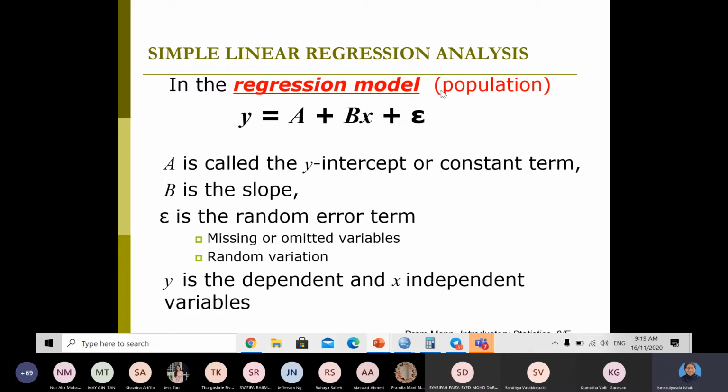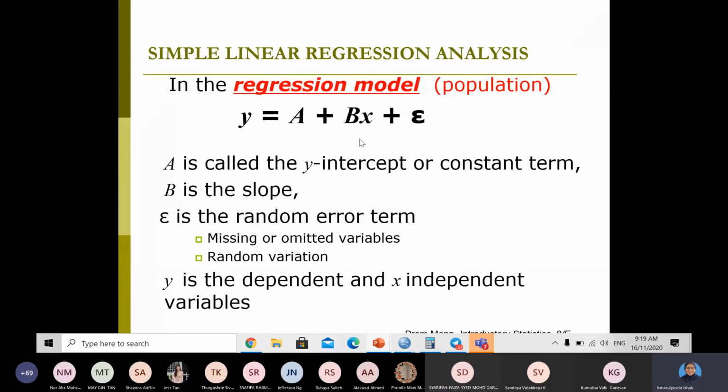This is the random error term, which covers all the missing, omitted variables and random variations. Y is dependent, x is independent.